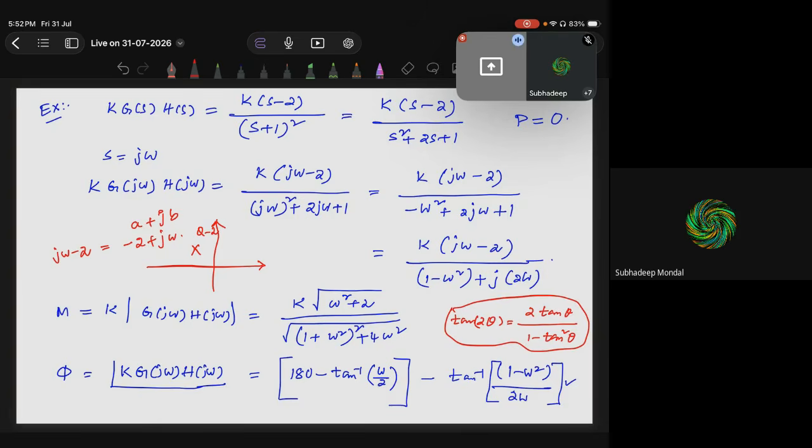So how can I write that one now? 1 minus tan inverse ω by 2, minus 2 tan inverse ω by 1. That is how I can write it. Is there any doubt in this?